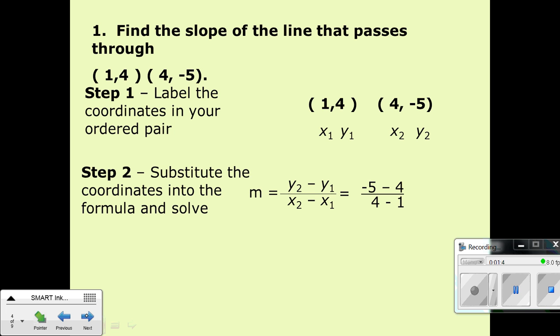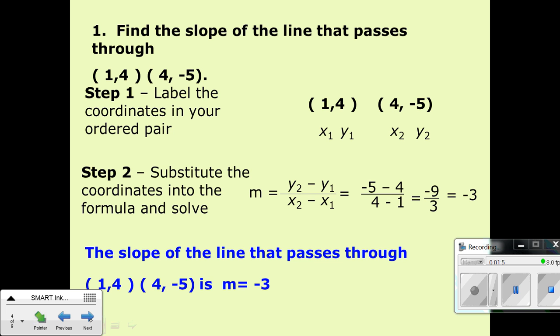Solve both problems, and it equals -9 over 3, and then you will simplify to get -3. So the slope of the line that passes through coordinates 1, 4 and 4, -5 is m equals -3. That would be your final answer.